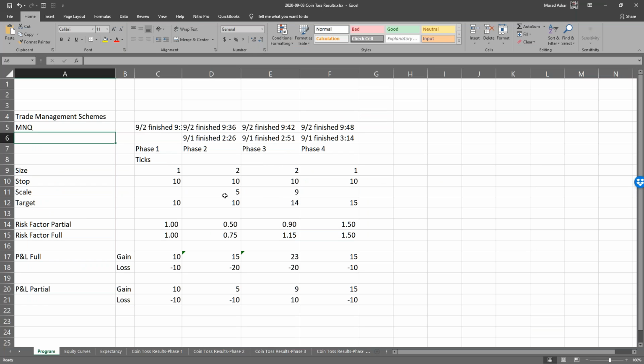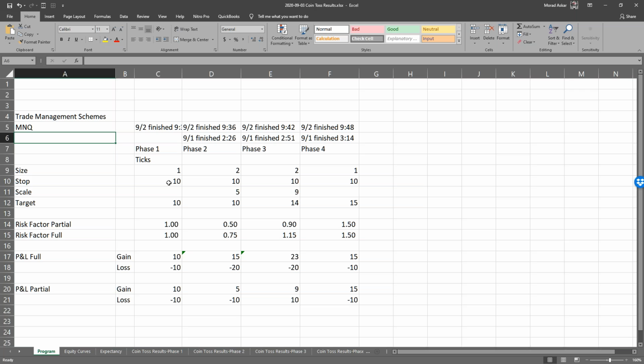You'll note a couple things. There's a sizing component, there's a trade management component, and there's a money management component, meaning risk and trade management, but there isn't a price component.